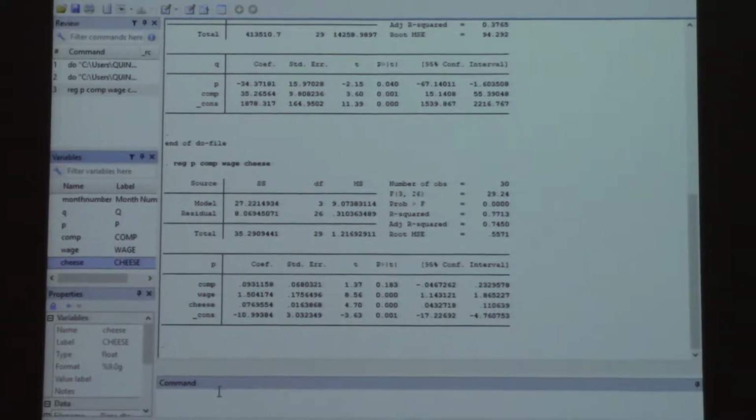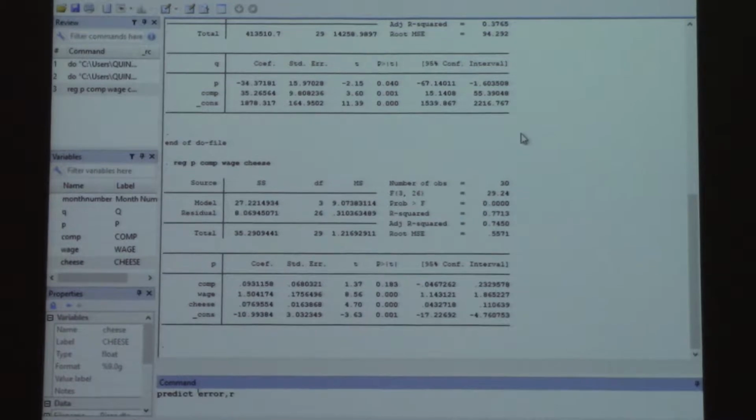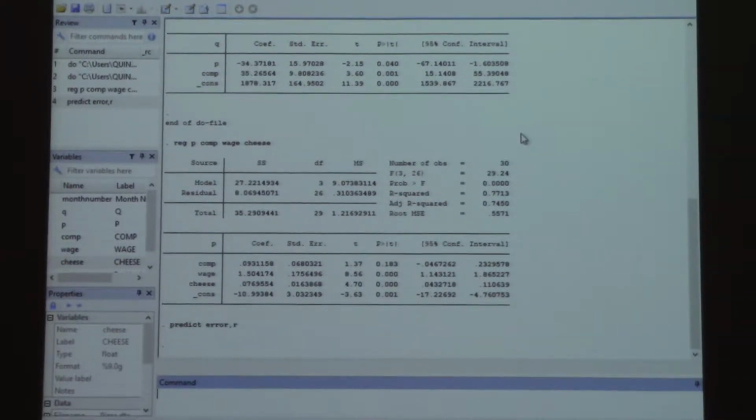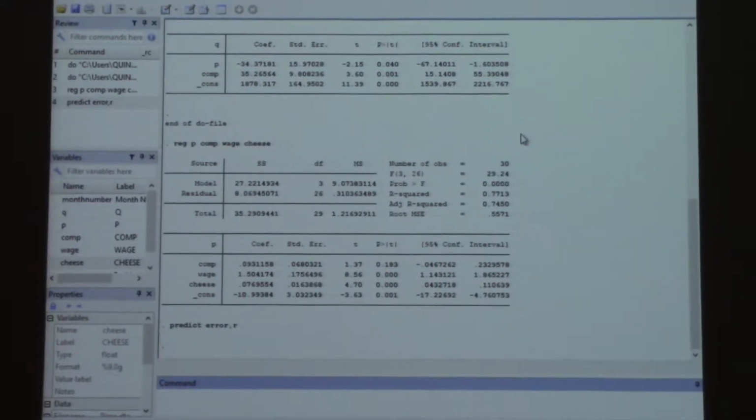We're going to save the residual, so let's just call it error, and R for residual, predict. So predict error. Then we're going to take this predicted error, squiggly hat, and put it into our demand curve and see if it's statistically significant.